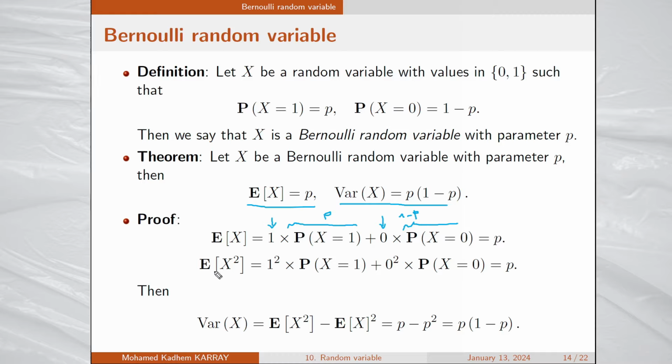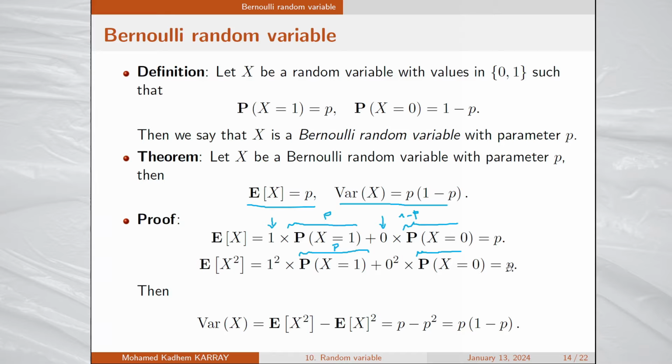Now, the expectation of X squared equals 1 squared multiplied by the probability that X equals 1, which is p, plus 0 squared multiplied by the corresponding probability that X equals 0. And this gives 1 squared multiplied by p, which gives again p.